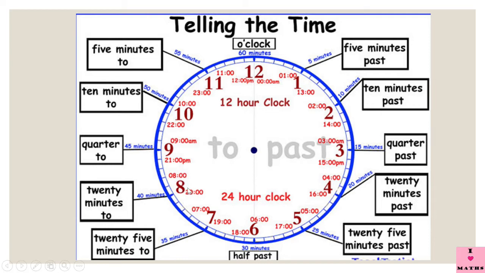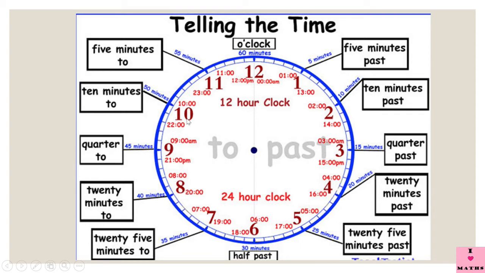Since 12 plus 8 is 20, 8 p.m. is 2000 hours in 24-hour clock.